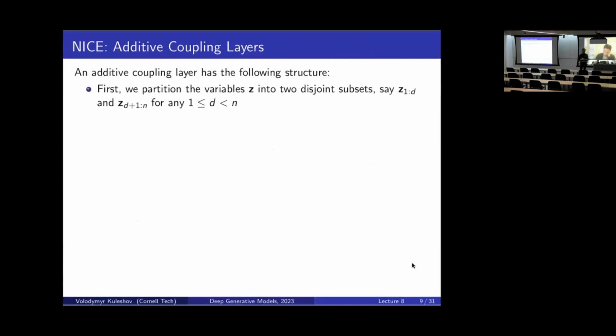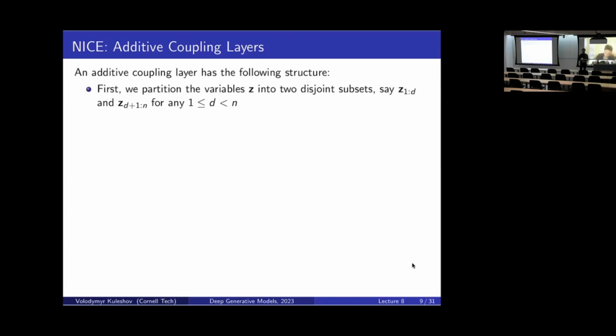The additive coupling layer is precisely the layer that defines this interesting triangular Jacobian structure. And the way that it does that is by being a little bit clever about how this transformation is performed.